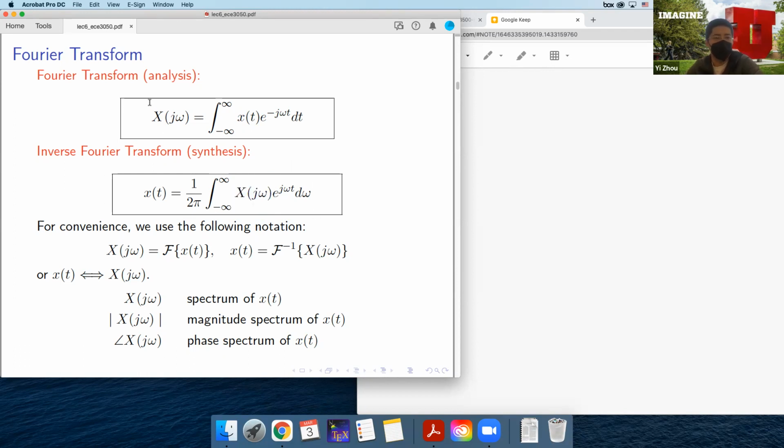In general, the Fourier transform, the spectrum, is a complex valued function of the angular frequency omega. So when we visualize the spectrum in MATLAB, we usually plot the magnitude and phase separately.